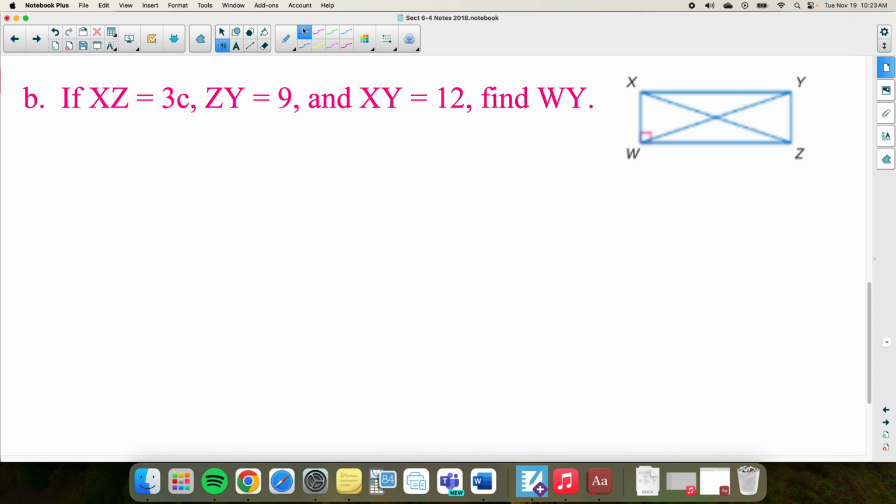So XZ is this right here, and that is 3C. Then ZY is this, and that is 9. I'm actually gonna write that 3C on the other side. And then XY, they're telling me is 12, okay?